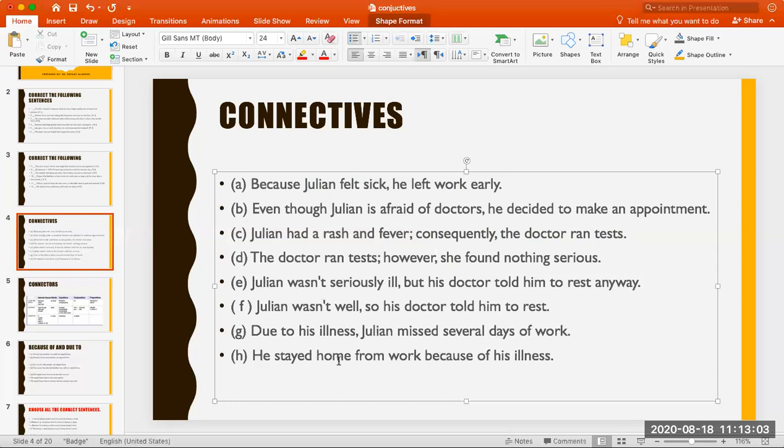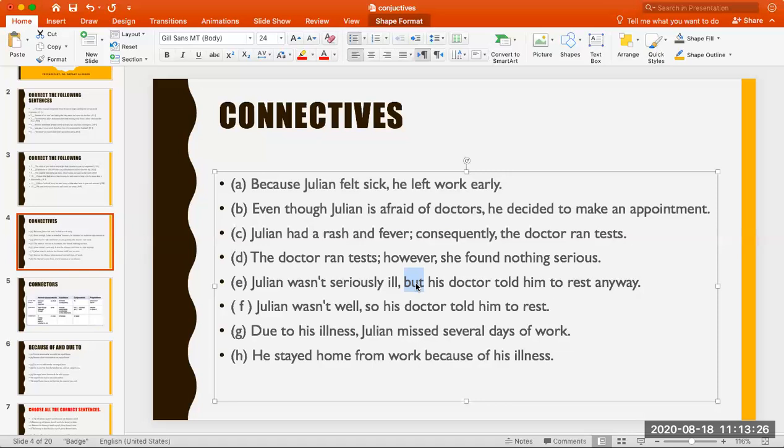Now look at this. Julian wasn't seriously ill, but his doctor told him to rest anyway. But is one of the fanboys. It makes a compound sentence. Yeah, this is the correct sentence. Notice that however basically means but, but they can't be replaced without changing the punctuation mark.